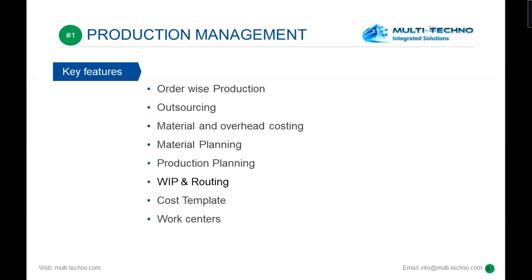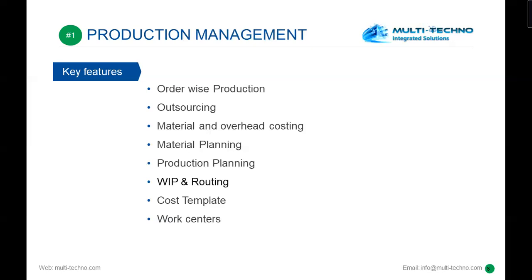As with material planning, you can also plan production planning. WIP and routing: if you have process-wise manufacturing, like process 1, process 2, process 3, and after process 4 you complete the production, you can create the route and processes that our product follows one by one, and after the final process the final product is added to our stock.